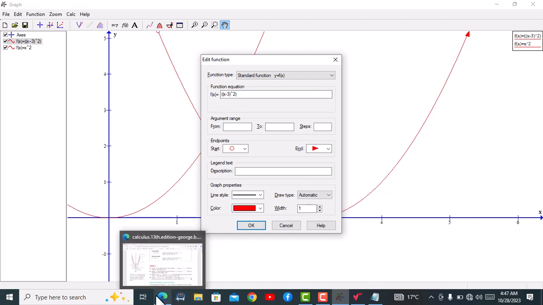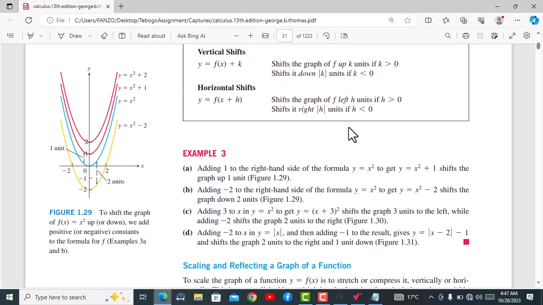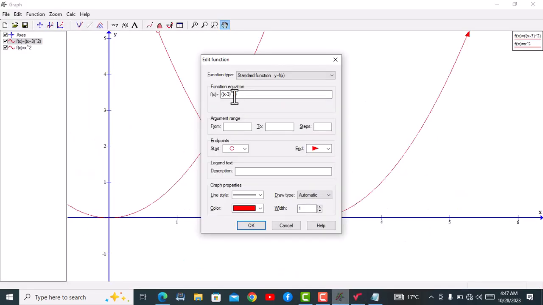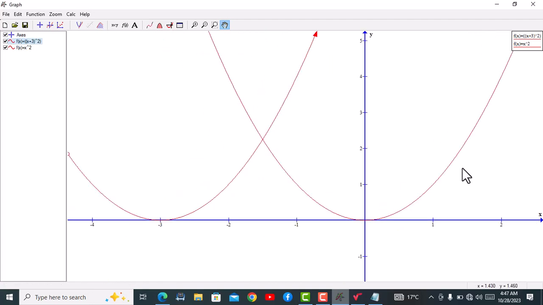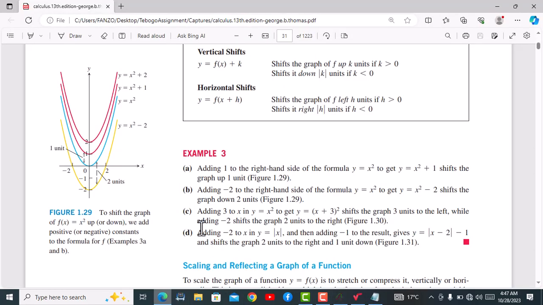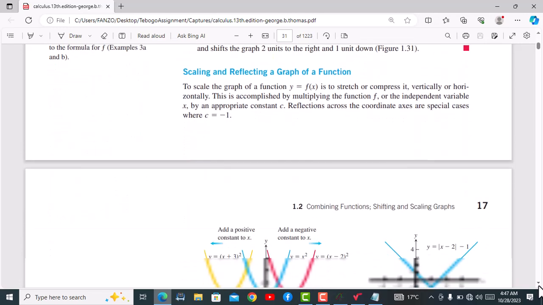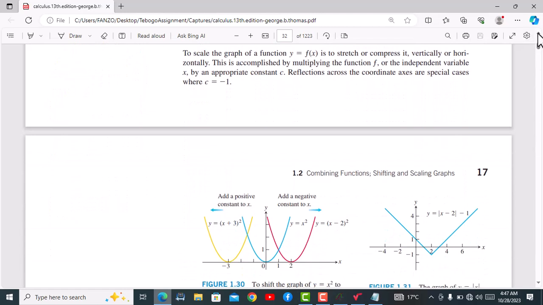So shifting the graph 3 units to the right, this is how we do it. This is exactly what Thomas is trying to show us here. We can even move the graph 3 units to the left by saying plus here, and the graph will move 3 units to the left. This is very much worthy of noting.